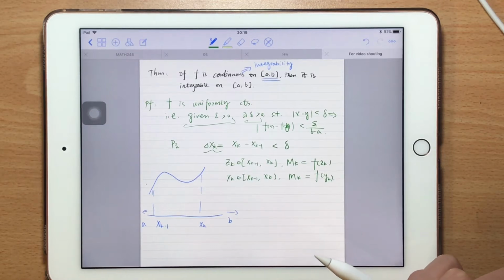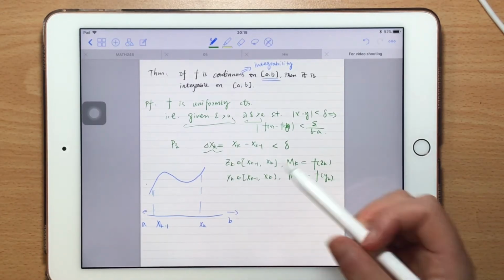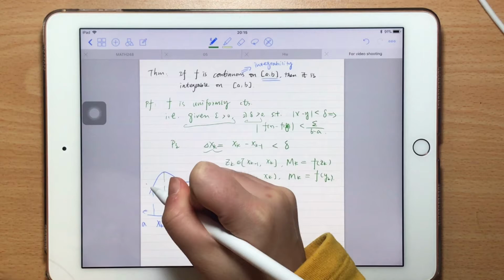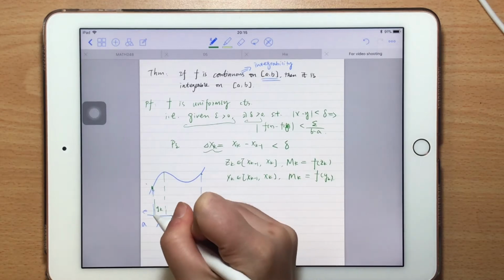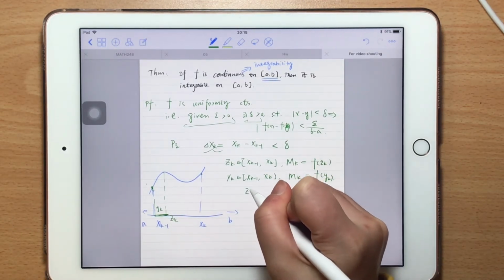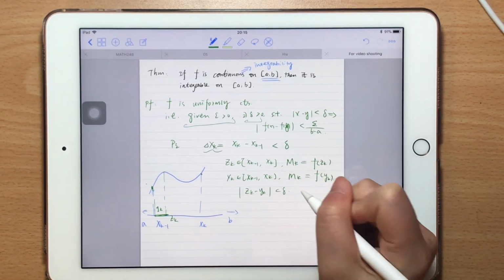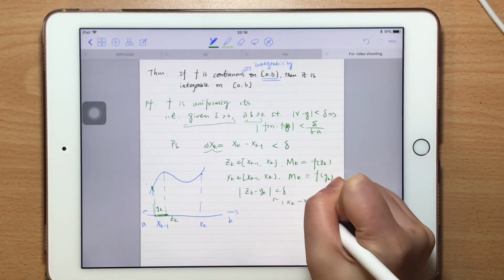We have zk and yk such that f(zk) and f(yk) touch the maximum and minimum of that function. So this might be zk, and here this might be yk. It's obvious that the distance between zk and yk is smaller than delta, because they are both within the subinterval, whose length is smaller than delta.